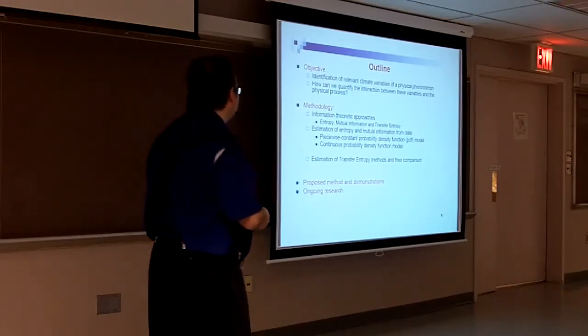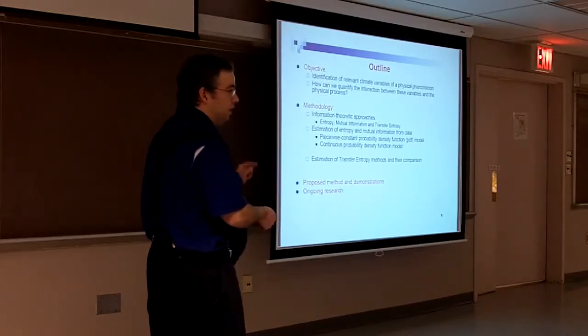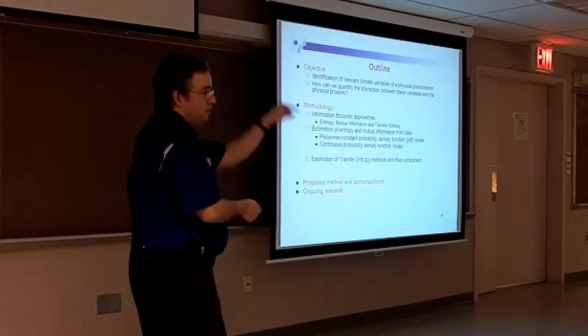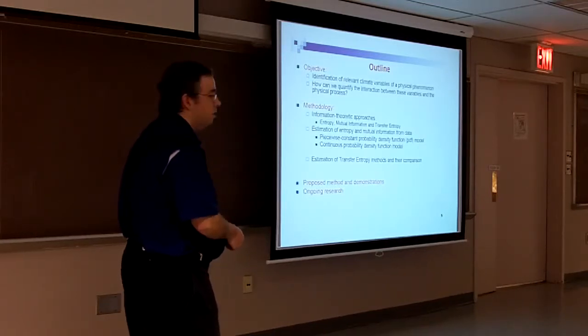Then I'll give you two methods which we developed to estimate the entropy and mutual information, but not the transfer entropy. Then I'll go into the transfer entropy in a more detailed section. Then I'll go into the next section, where I'll show you the simulations, and then tell you about our ongoing research right now.